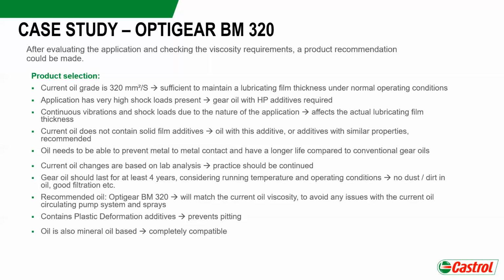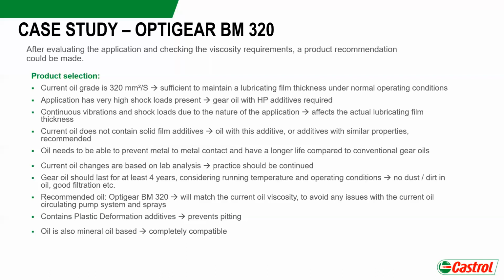One key thing to remember and to consider is that the lubricant needs to be fit for purpose. So it wouldn't be useful for me to go along and for every application I see, just choose the absolute best lubricant, because a lot of its attributes would not be used. So it needs to be fit for purpose. In this case, no need to spend the extra money on a synthetic oil, just use a mineral oil.